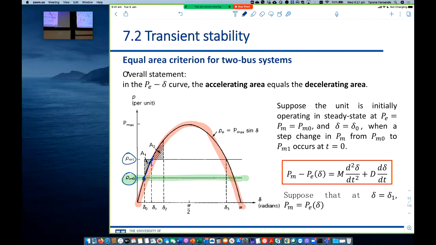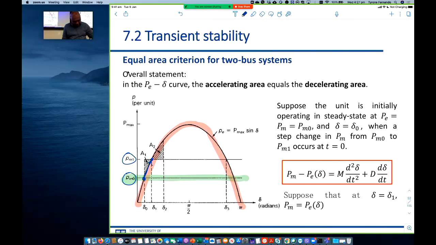And then when it goes above that, what happens? It starts decelerating and then stops. Then it needs to be dragged back, and it starts accelerating the other way. So it will oscillate. It won't just go and stop here.